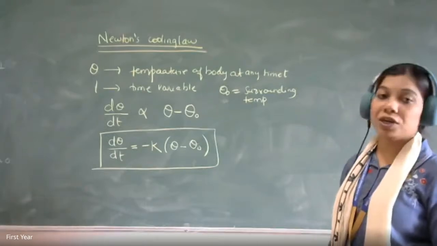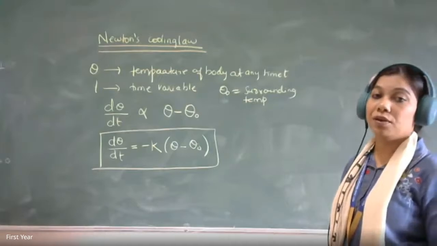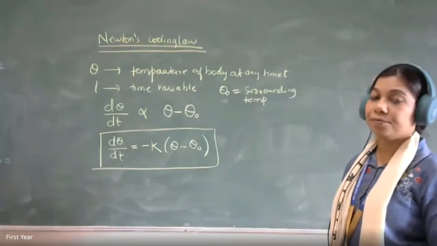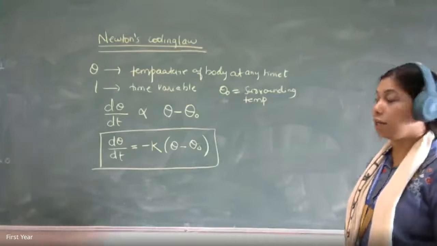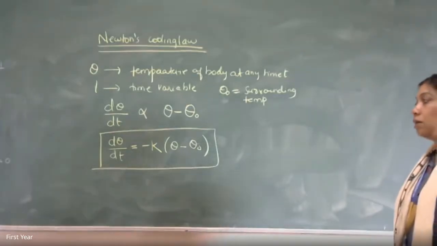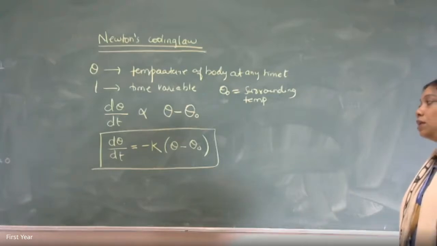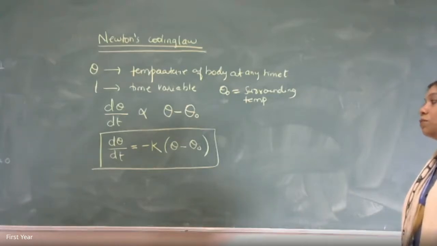As the temperature is decreasing, the constant of proportionality is minus k, and hence d theta by dt is equal to minus k bracket theta minus theta naught.